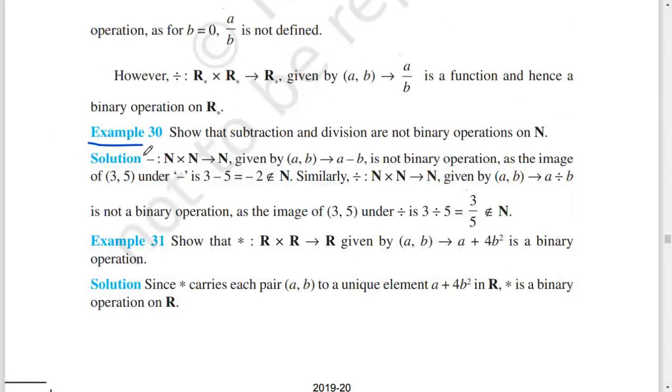Example 30. Show that subtraction and division are not binary operations on N. Solution.